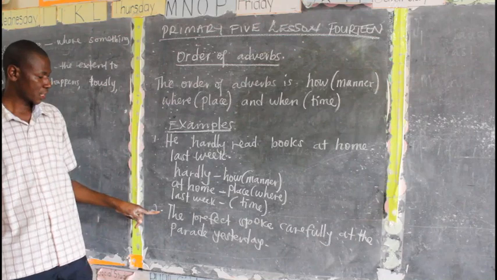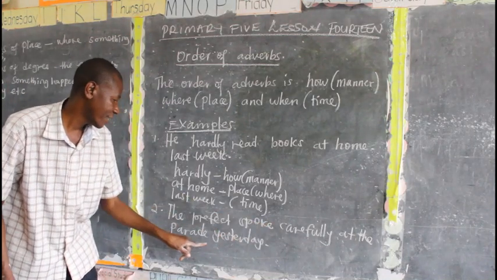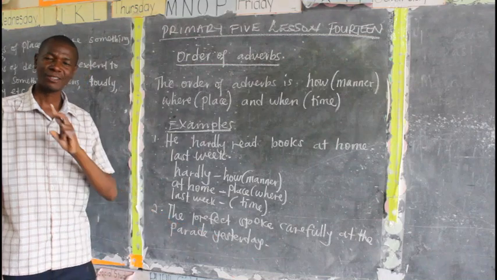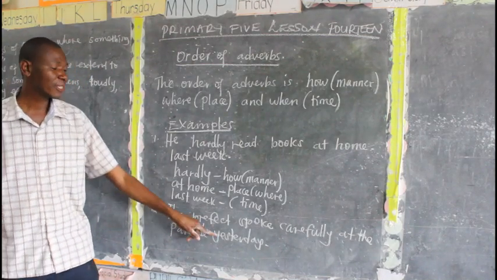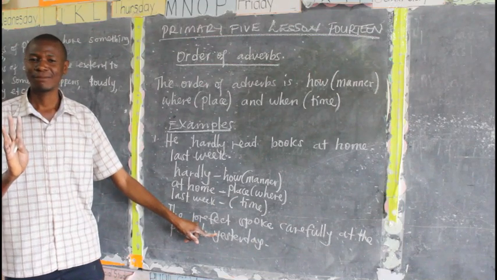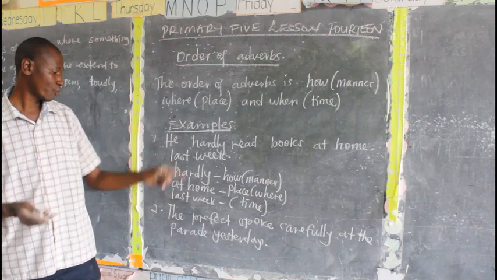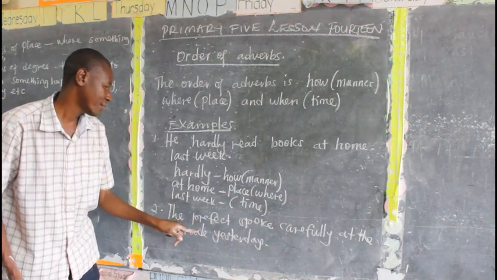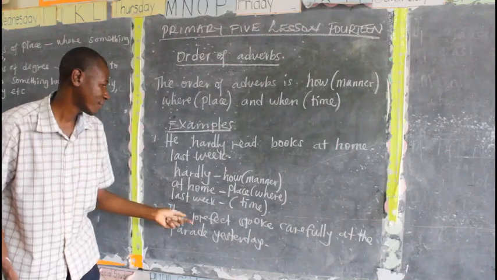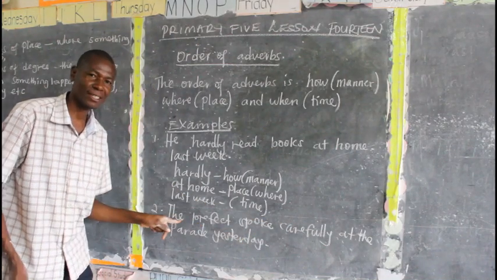Then number 2: the prefect spoke carefully at the parade yesterday. This one is very correct. If you begin with yesterday, you have failed because you have not followed the order of adverbs. Someone may say, yesterday the prefect spoke carefully at the parade, or, the prefect carefully spoke yesterday at the parade.